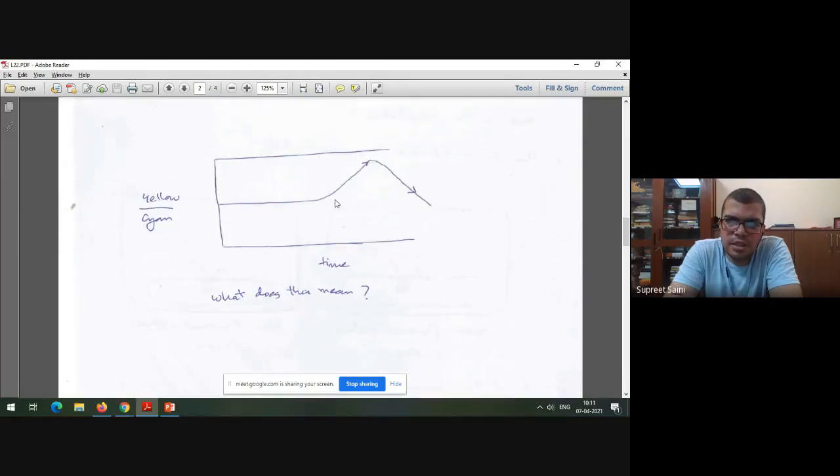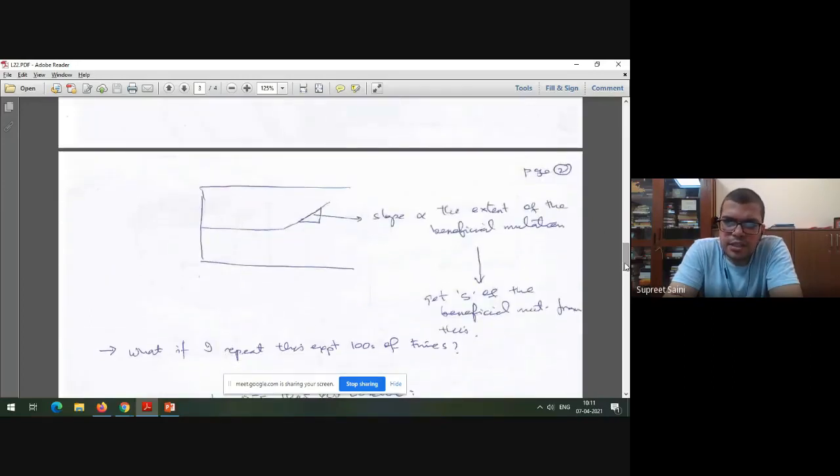So obviously, this is a beneficial mutation. Now what I'm interested in is that from this data, I can calculate the rate at which the cyan population is eating into the yellow population. If I do that, then from this rate, I can back-calculate what would have been the selection coefficient associated with this beneficial mutation.